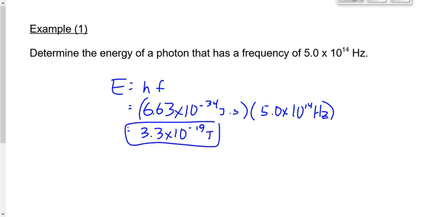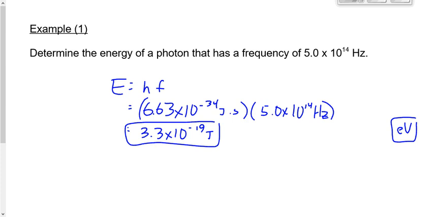Now, if this was a multiple choice question or a numeric response question where you were specifically asked for the answer for energy in electron volts rather than joules, you would have two options. You could have used the 4.14 value and gotten electron volts right off the top. Or you could do what we just did and then convert it to electron volts from joules.